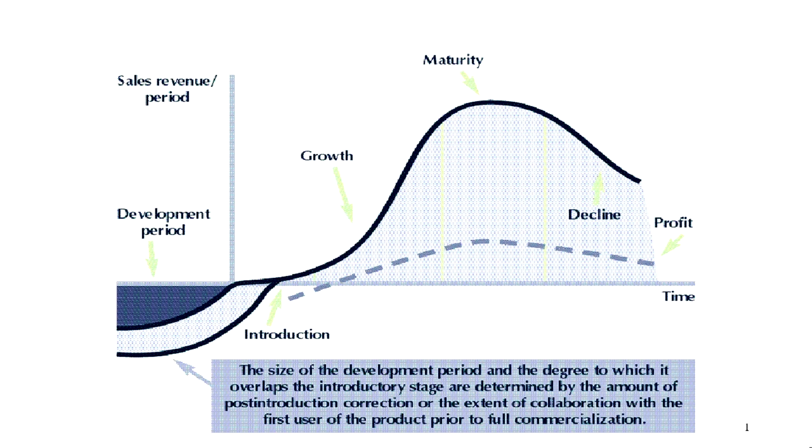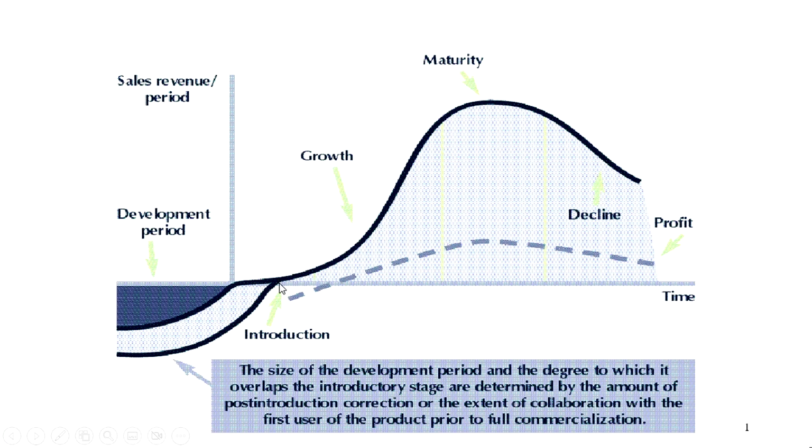The size of the development period and the degree to which it overlaps the introductory stage are determined by the amount of post introduction correction, because we have discussed that this process of managing a product over the life cycle goes through a number of iterations.